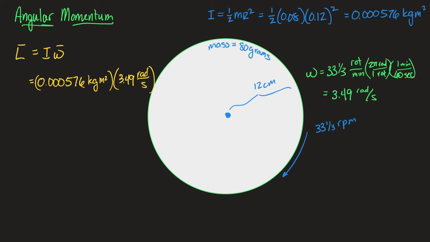Now, this isn't a big deal. The units are nothing special. When I multiply all that together, you're going to get 0.002. Now, the radians go away, and the units are kilograms meters squared per second. So now would be a good time to talk about units. There are no special designations for the units of angular momentum.